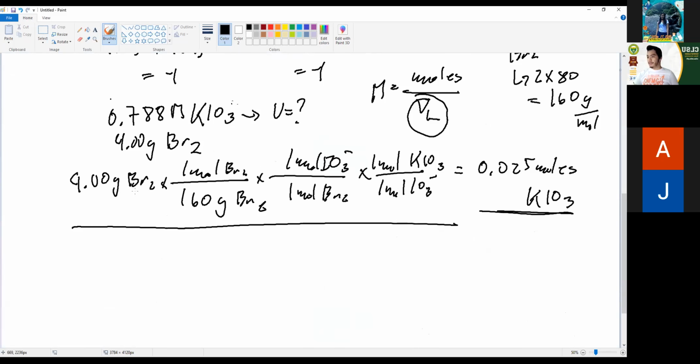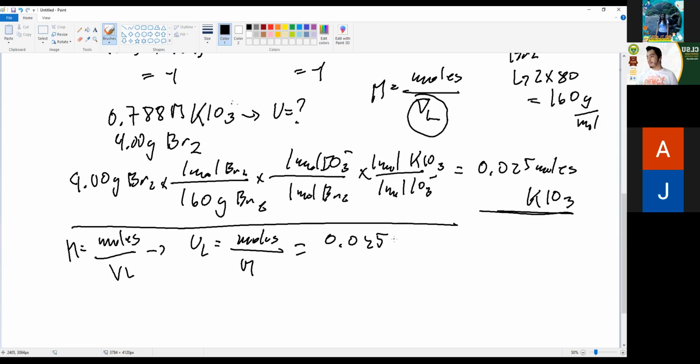From there, alam natin na ang molarity is moles over volume in liters. So, using our math knowledge, yung volume in liters, pwede ma-compute using moles over molarity. So, you have 0.025 moles KIO3 divided by, ang concentration ni KIO3 is 0.788 molars KIO3.